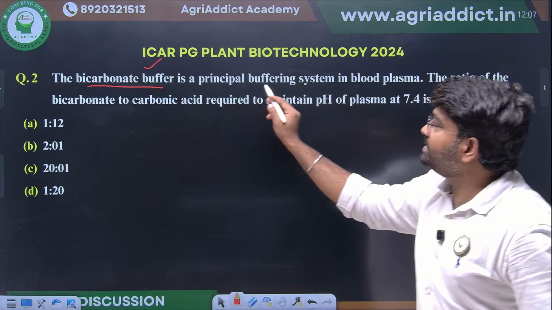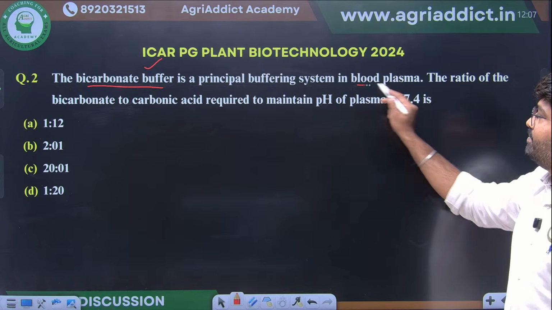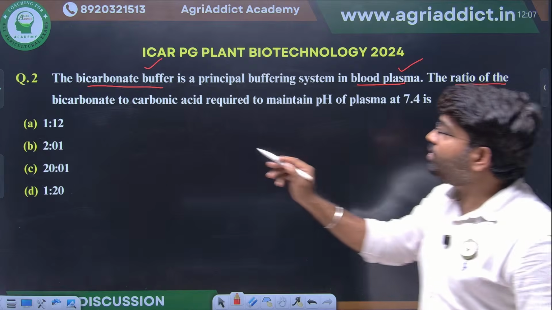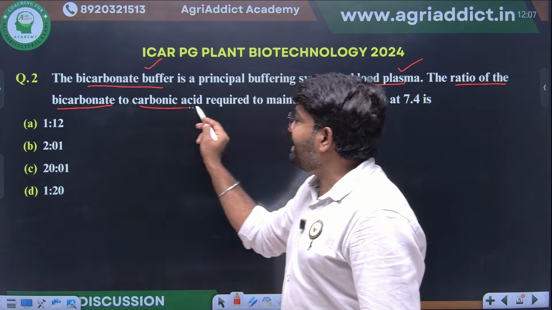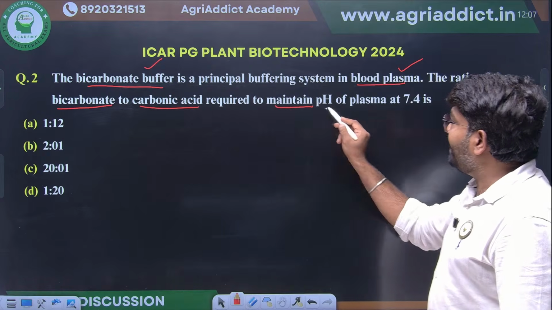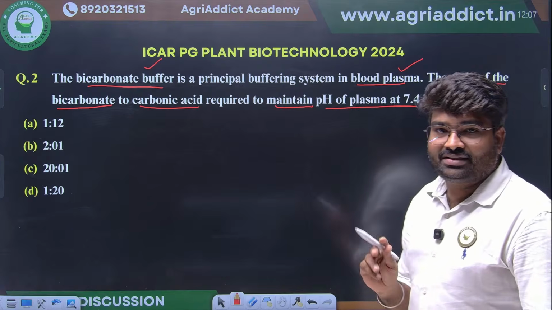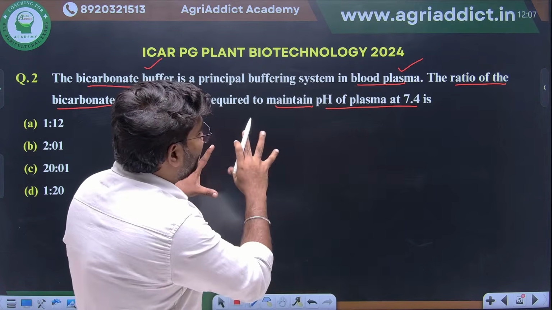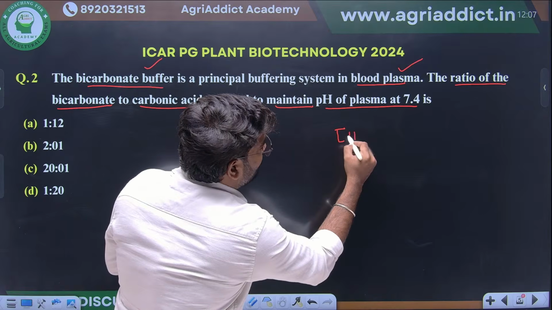Next, the bicarbonate buffer. Bicarbonate buffer is a principal buffering system in blood plasma. This we already know. They are asking the ratio of bicarbonate to carbonic acid required to maintain the pH at 7.4. You have to observe here.